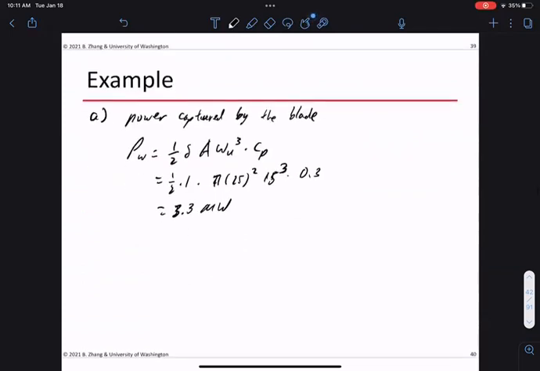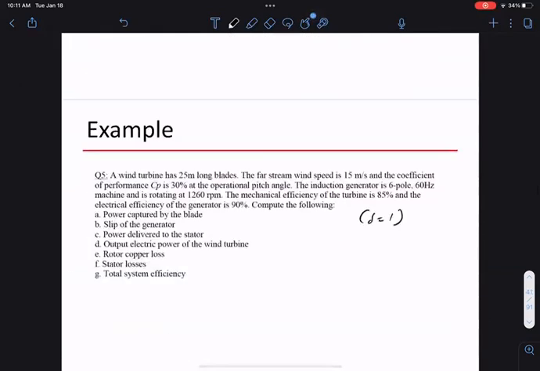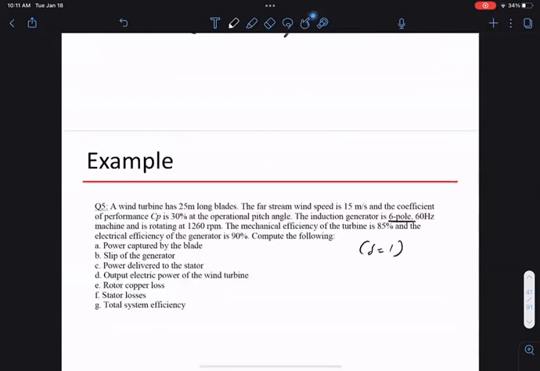So next, compute the slip. The speed is 1260 RPM. Let's compute the synchronous speed. The synchronous speed is given by 120 times the frequency divided by the number of poles. Frequency is 60, number of poles is 6. This is a 6-pole machine.